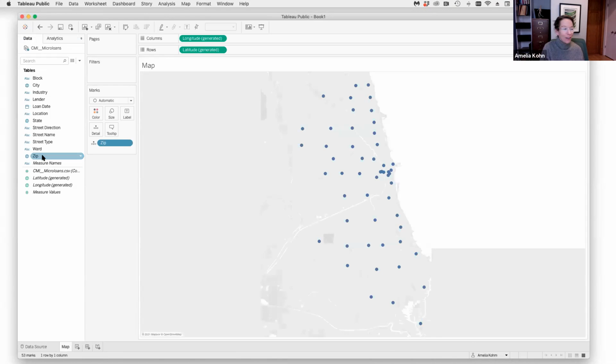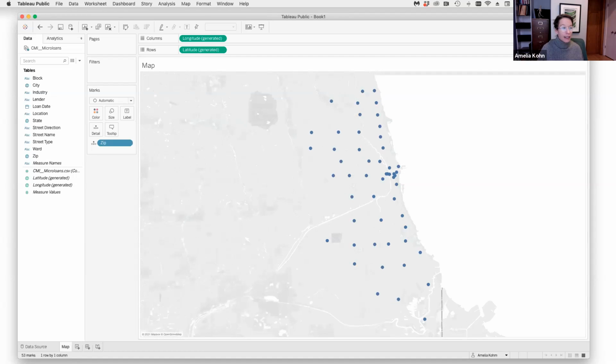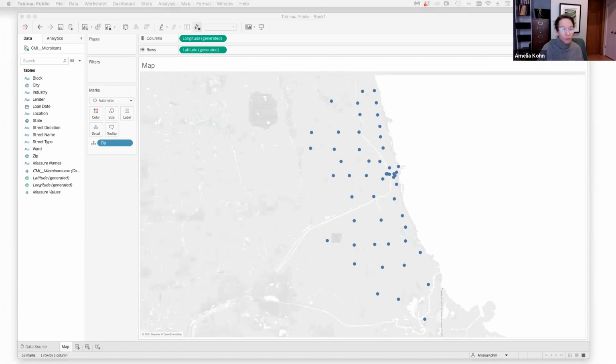Tableau will take a little while to think, but not too long because you can see already I have a map. And what it's done is put a mark, in this case it's defaulted to a circle mark in blue, for every zip code that I have in my data set. So we already have a map and we haven't really done much work yet.